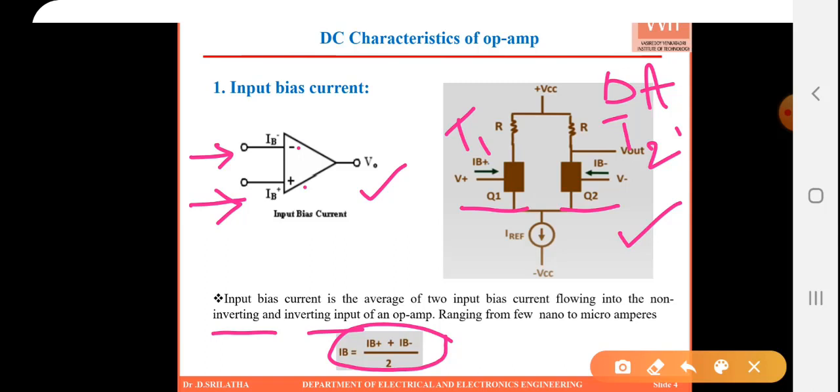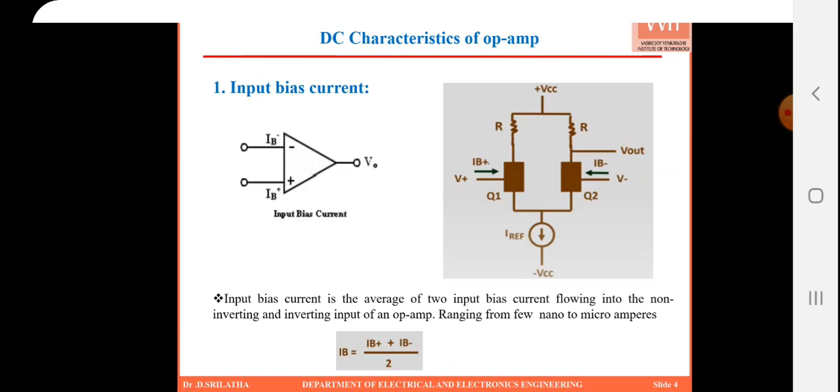Input current will be equal to 0. So, IB plus and IB minus are the two bias currents flowing through the transistors. Even though those are identical transistors, the two biasing currents will be a little bit different.